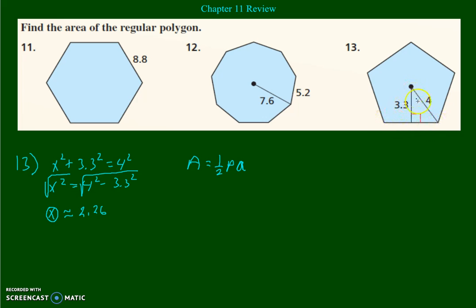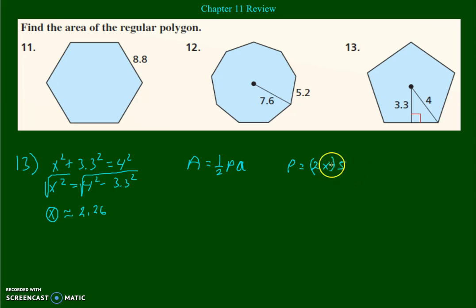Because remember, this triangle is an isosceles triangle, and so this little triangle and this little triangle are congruent, which makes this side congruent to this side. So the perimeter is going to be 2x, 2 times this length, times the number of sides, which is 1, 2, 3, 4, 5.